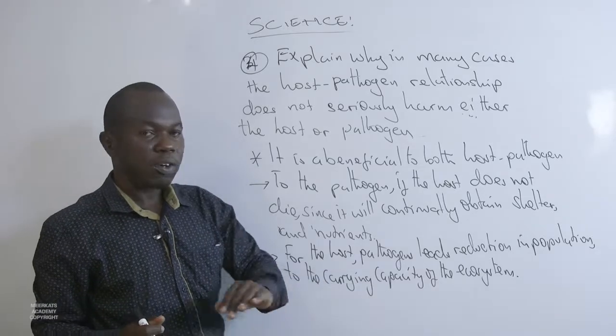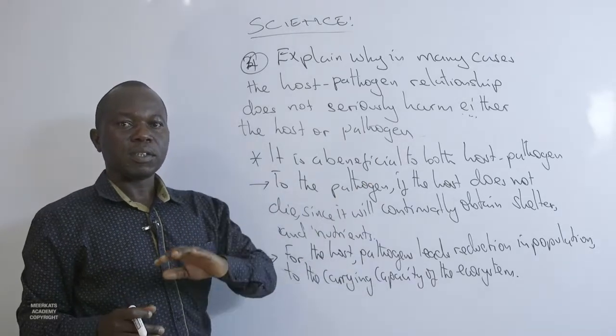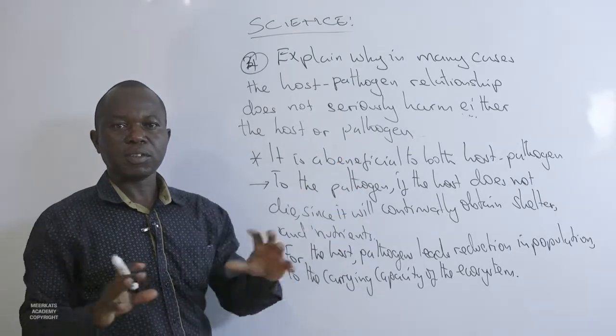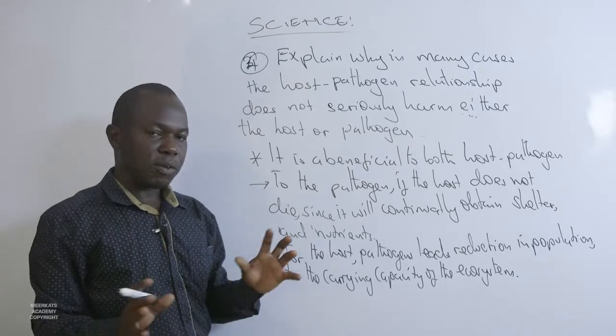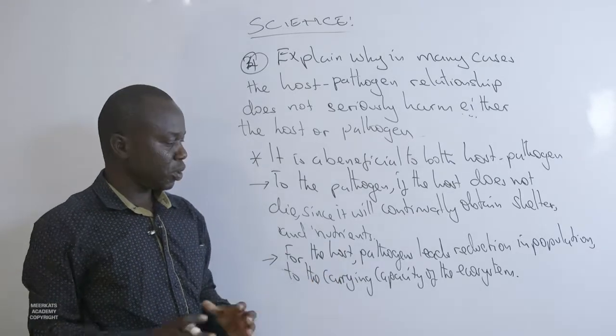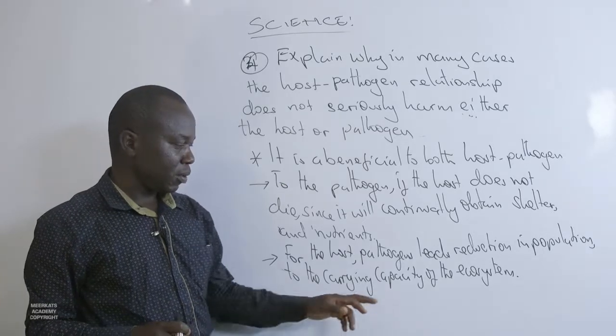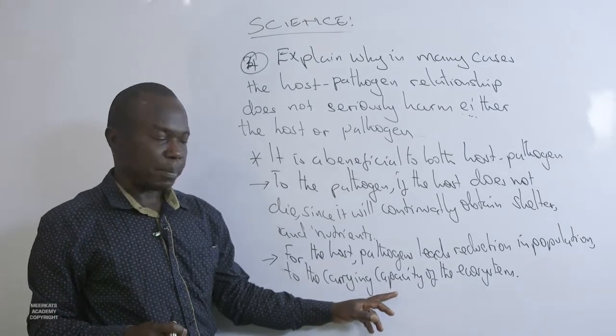Even where we have all other factors in an ecosystem, where we have a flock of animals and all other factors are constant, they are well supplied, there are no predators, there is no competition, and population is increasing, it is likely that it will go beyond carrying capacity.